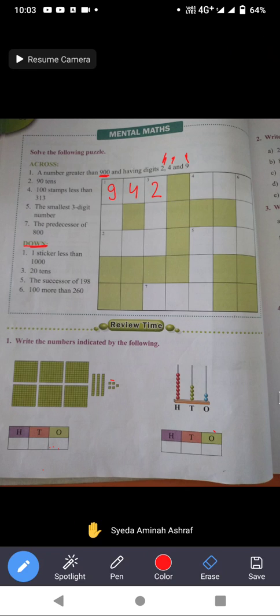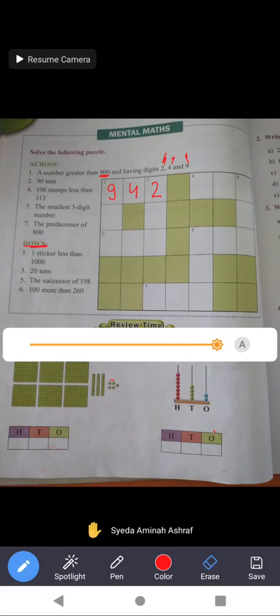Because look here. 9 tens is equal to 90. One 0 is coming after the 9.